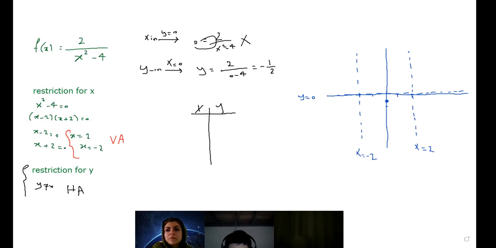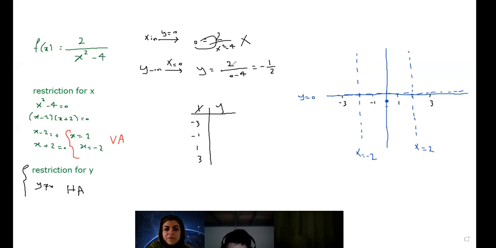I'm going to put a point on each side of the vertical asymptotes. Let's try from negative 3, then negative 1, then 1, then 3.